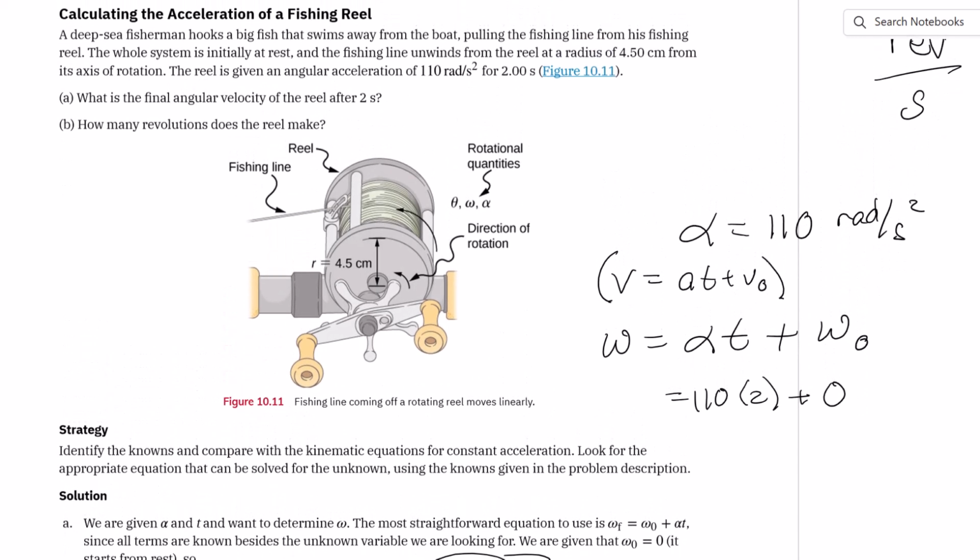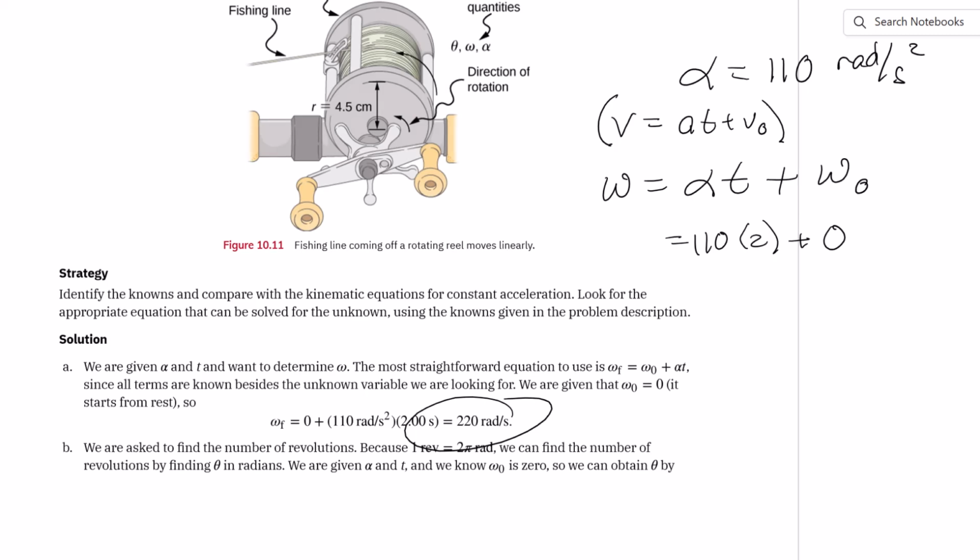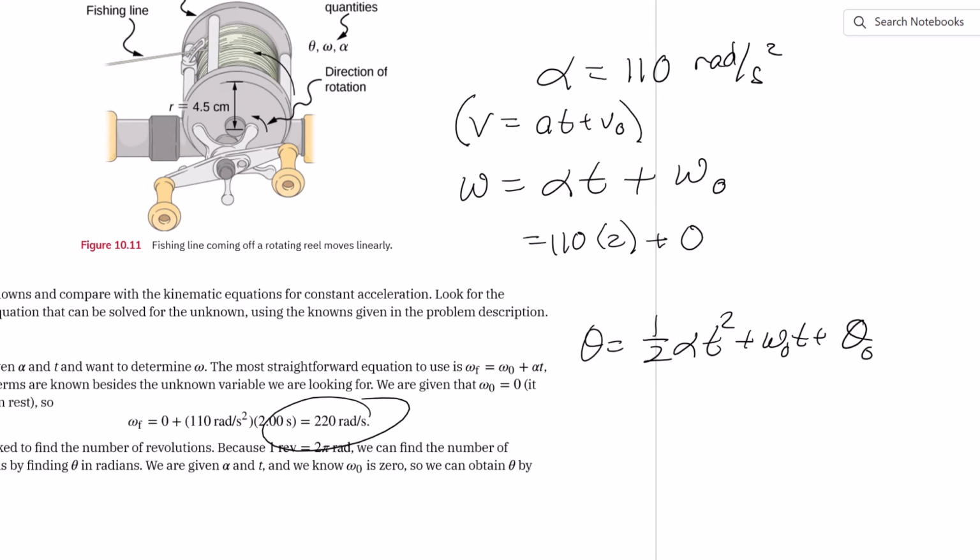How many revolutions does it make? Okay, so this is maybe more interesting. So it goes 1/2 alpha t squared plus omega naught t plus initial theta, but it's originally at rest, and let's just say the initial theta is 0. So the theta that it goes through is 1/2 times 110 t squared.